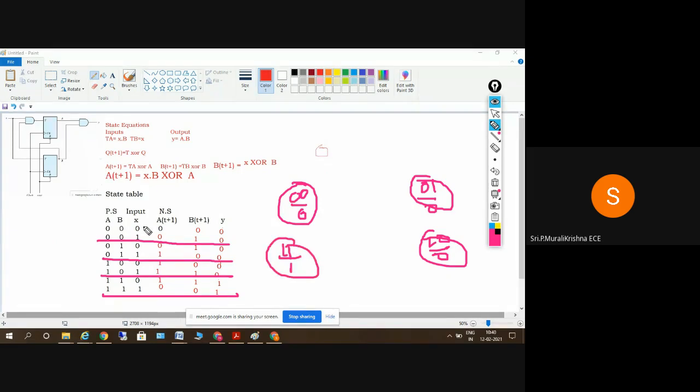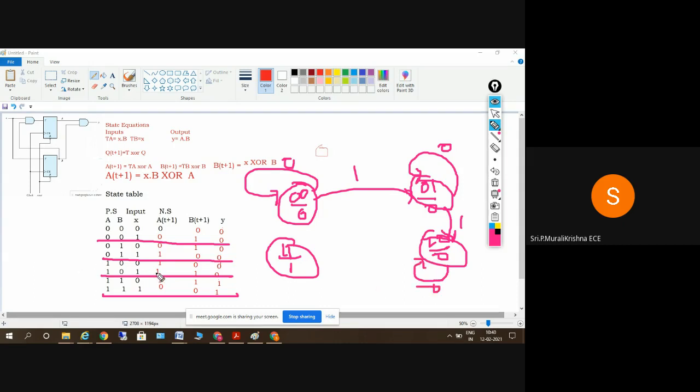For x equal to 0, it remains in the same state. For x equal to 1, it will go to state 0 1. In state 0 1, if x is equal to 0, it will remain in the same state, and if it's 1, it will go to the next state. In state 1 0, if x is equal to 0, it remains in the same state.